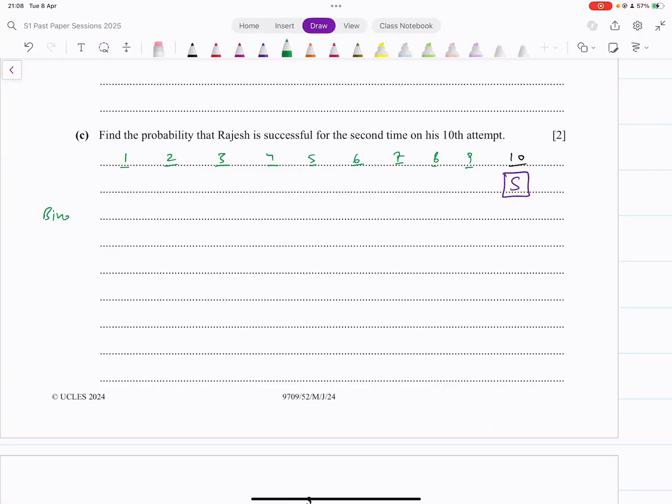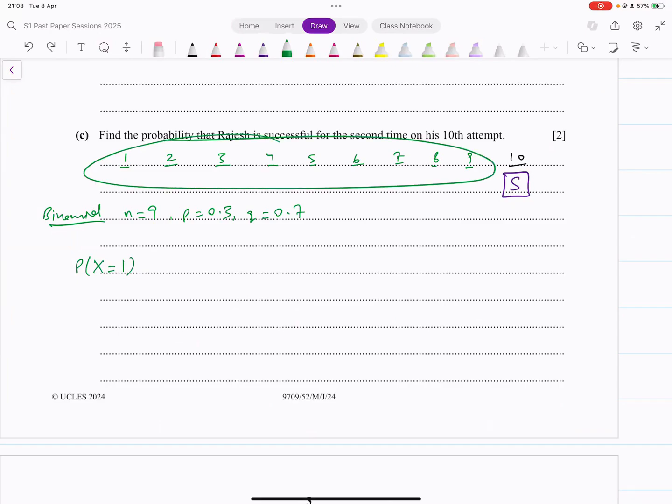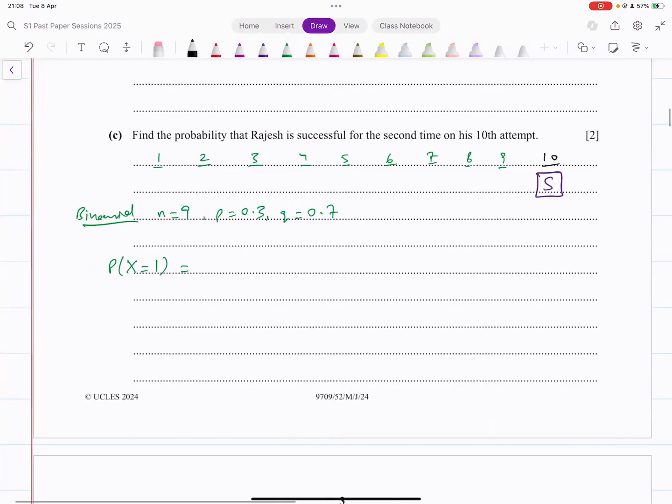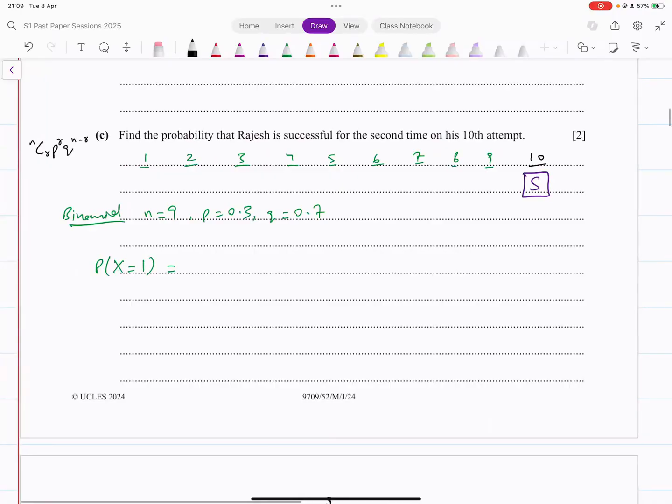We say it's a binomial distribution with how many repetitions? 9 repetitions, 9 attempts. Probability of success, 0.3, just like before. Probability of failure, 0.7. We want exactly one success out of these 9. What's the formula for binomial? nCr p raised to power r q raised to power n minus r.